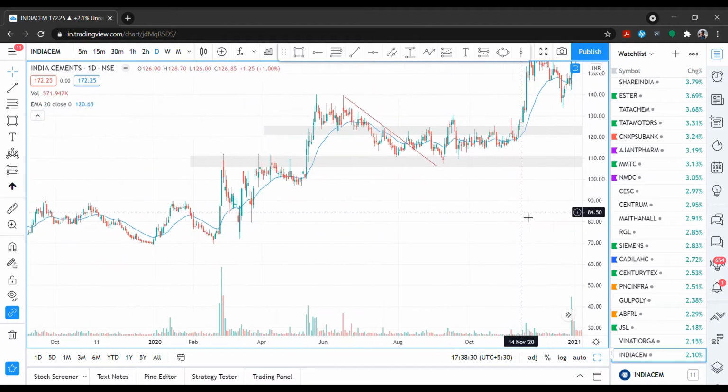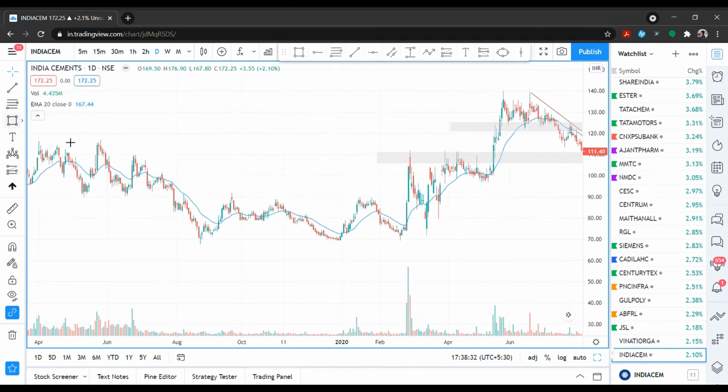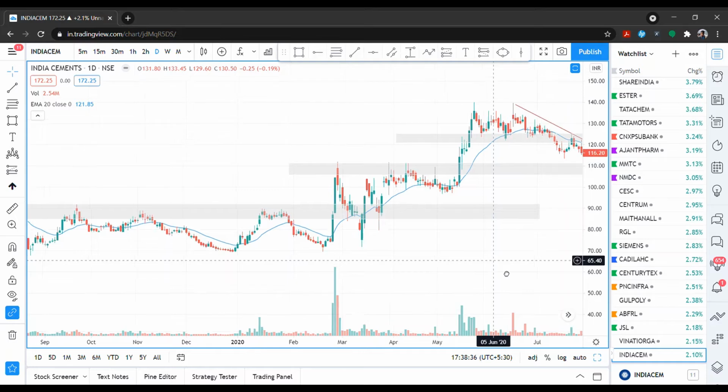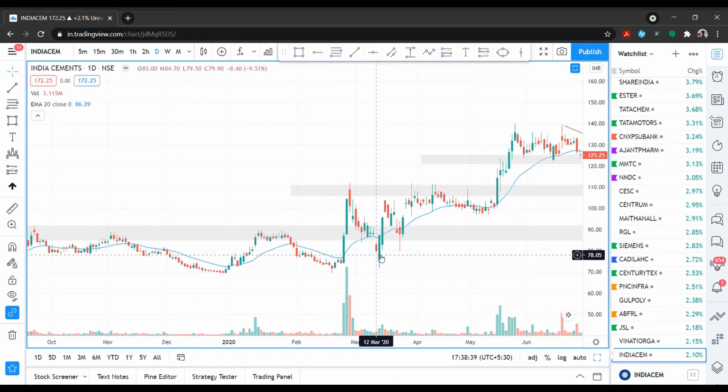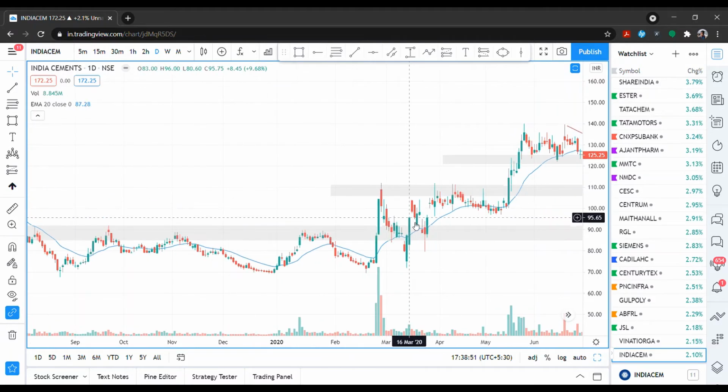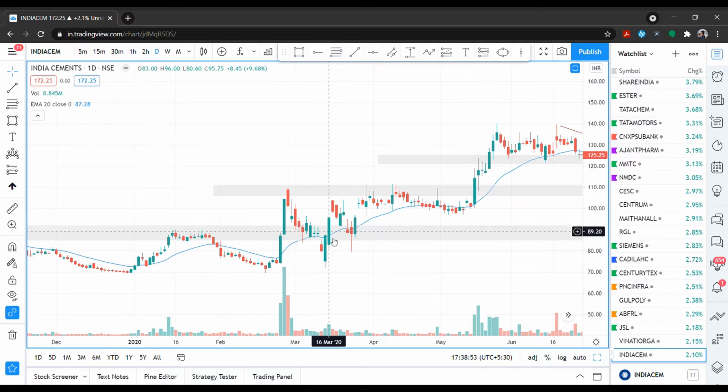So if you see, this is a key level in the market. The price came down and broke above these levels, and you can always take a trade if the price breaks down and then breaks above these levels with such a huge bullish candle, because this is a fake breakout.